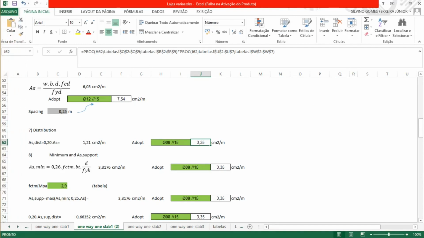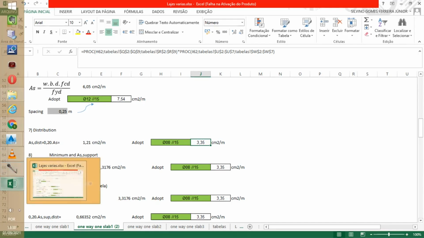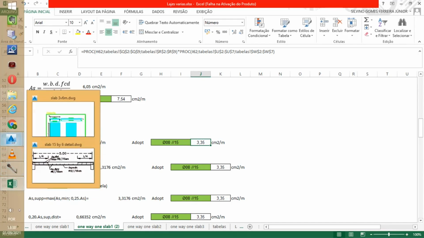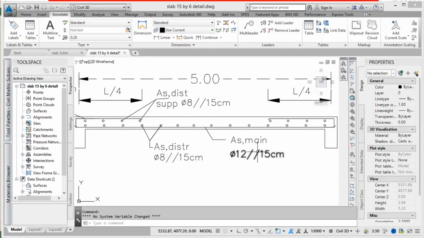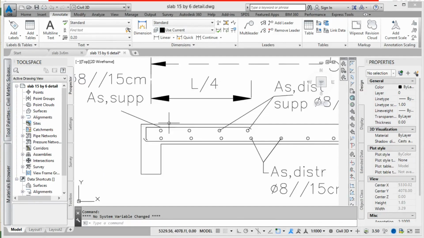Now we calculate for the corners, in the supports. Due to the rigidity you can have there some cracks, so we need to calculate there. It can happen here, cracks close to the beams.